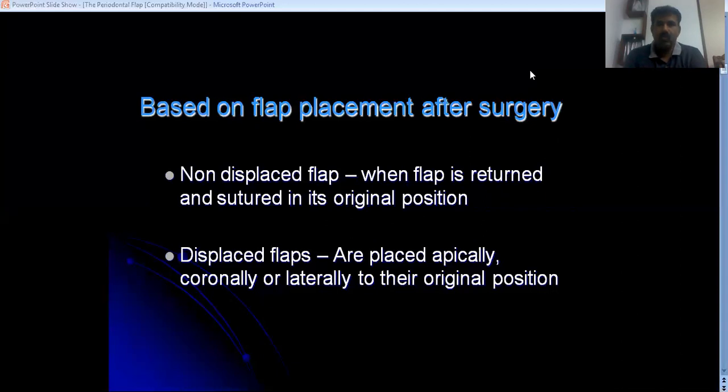Okay. So when you place it in its original position, it is an undisplaced flap. When you are displacing the flap laterally, apically, or coronally, it becomes a displaced flap. Depending upon which direction you are displacing, you can name the flap.